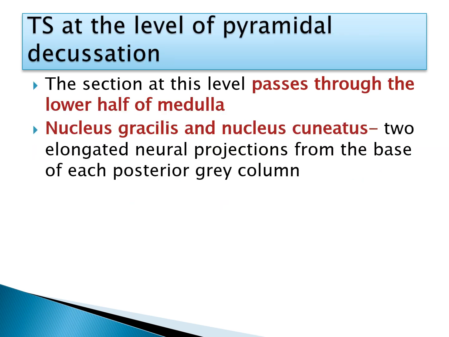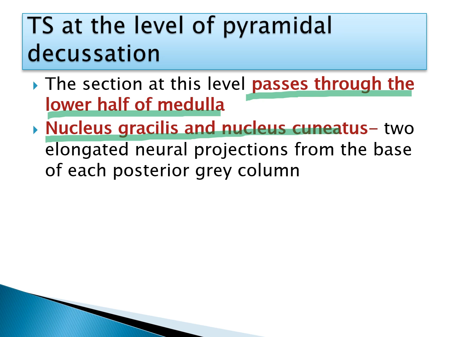Now we will start with the first level, transverse section at the level of pyramidal decussation. This level we are taking at the level of the lower half of the medulla. So here we have the two nuclei, gracilis and cuneatus. If you see this level, it will be the same as the spinal cord.